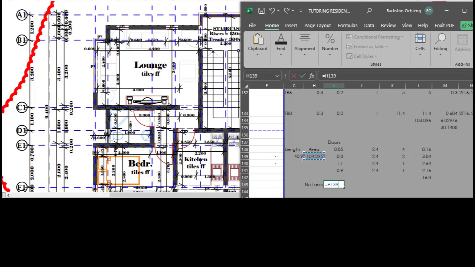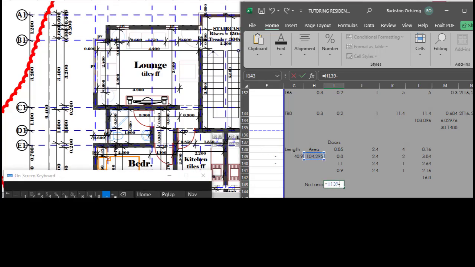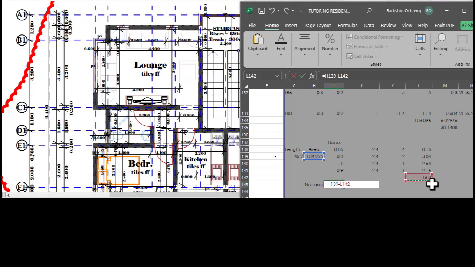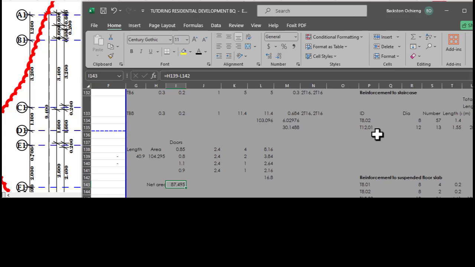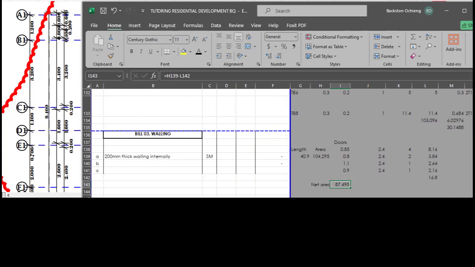So this is the total area, and then we subtract the area for the doors. Perfect. So our net area for the internal walls is supposed to be 87.495.